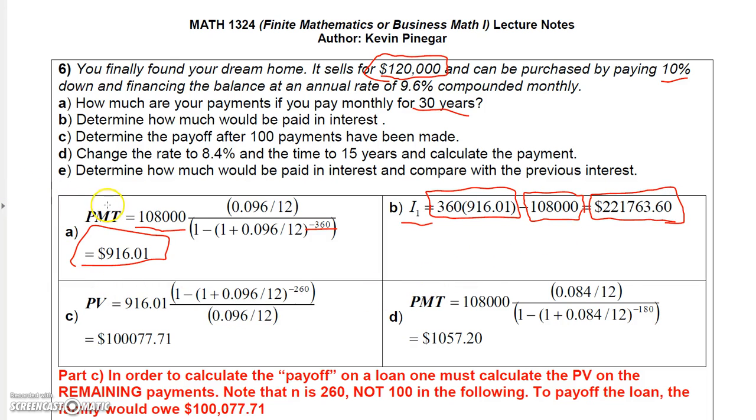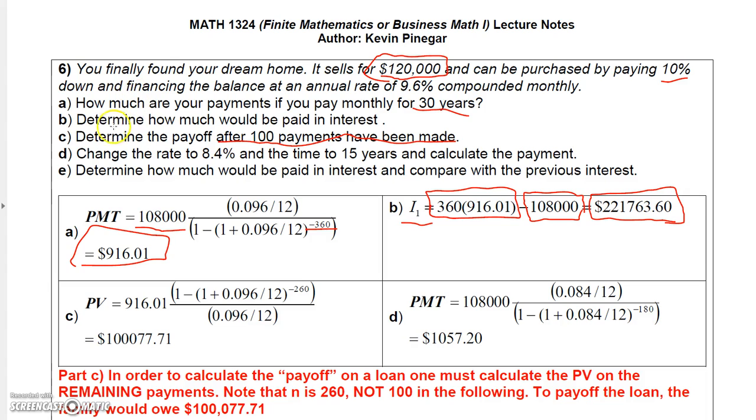Now C says, determine what the payoff would be after 100 payments have been made. Now you could do this with an amortization schedule, but there's actually a simpler way. If you want to know the payoff, all you're really looking for is the present value on the remaining payments.